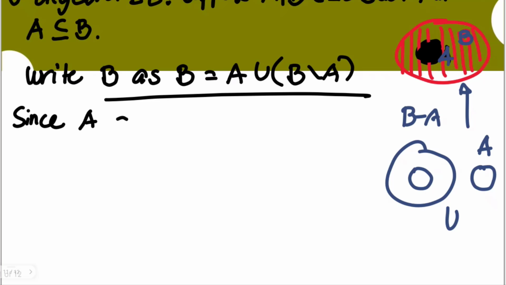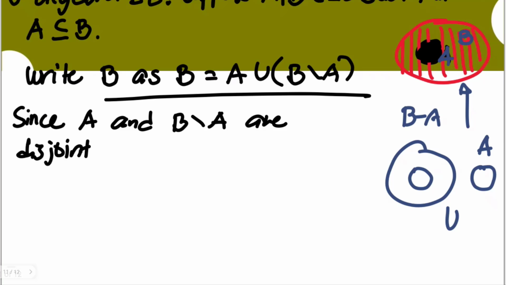Hopefully this is really clear, we can write it like that, since A and B minus A are disjoint. Are they disjoint? Yes, because they are removed, or separated from one another. This would mean this portion here is not a part of A. This will be the outer portion of A before it was removed.